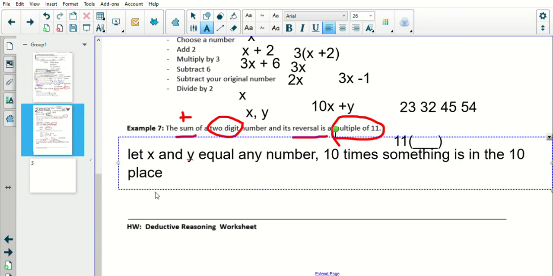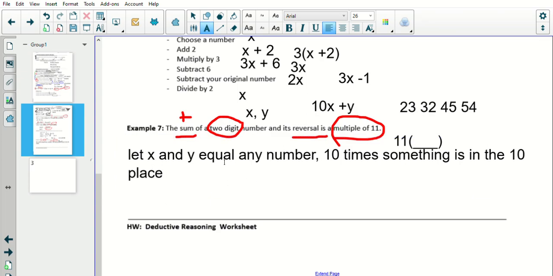Very simple. Okay? So now I have to write this out mathematically. So I'm going to say 10x plus y, and I'm going to bracket all of that. And I'm summing, remember? So I'm going to have plus. Now I have to add the reversal, which is instead going to be 10y plus x.